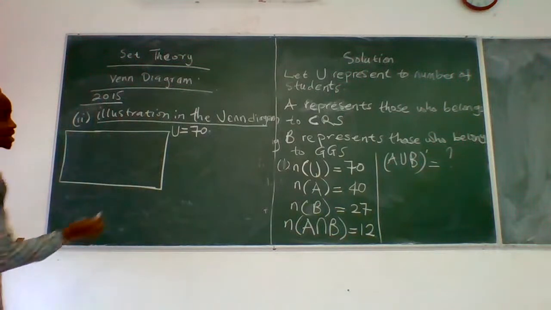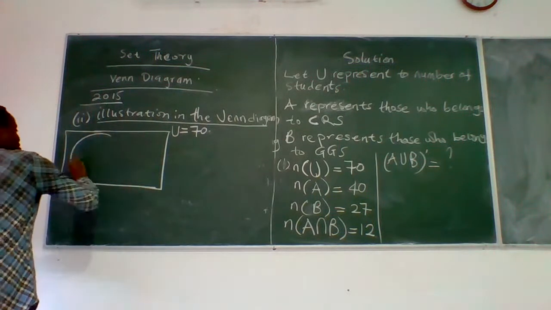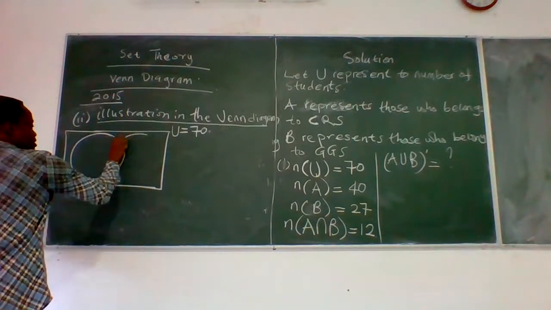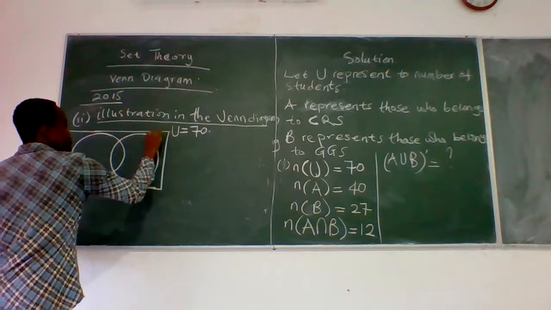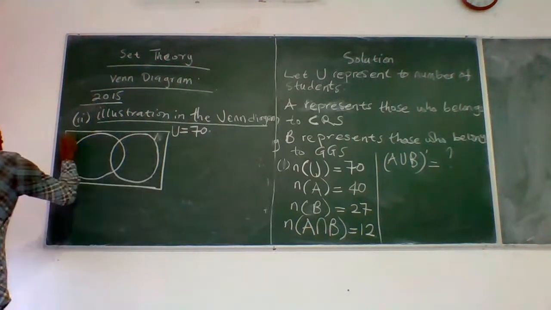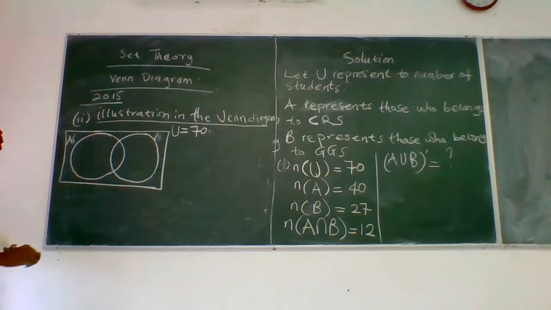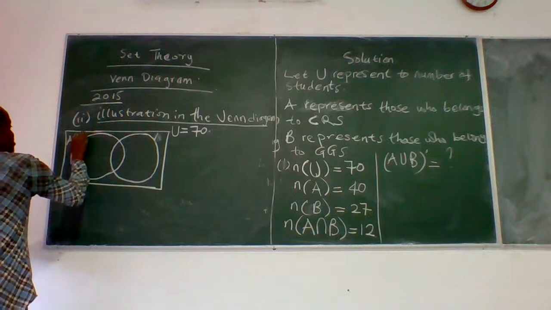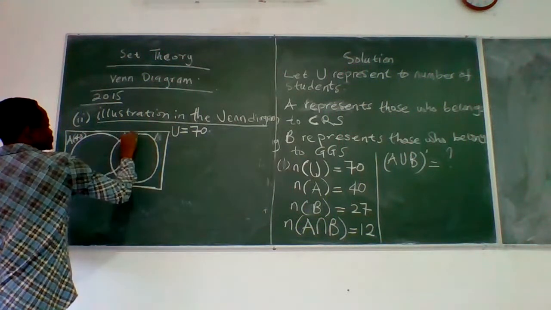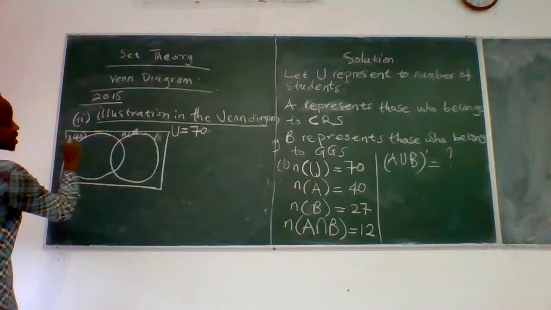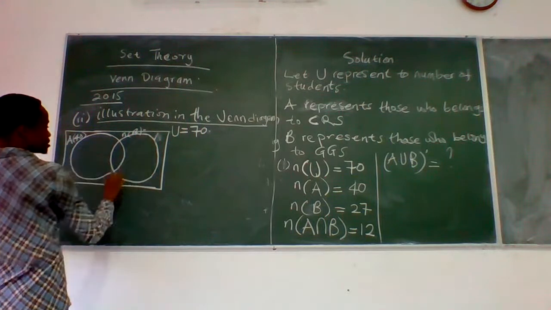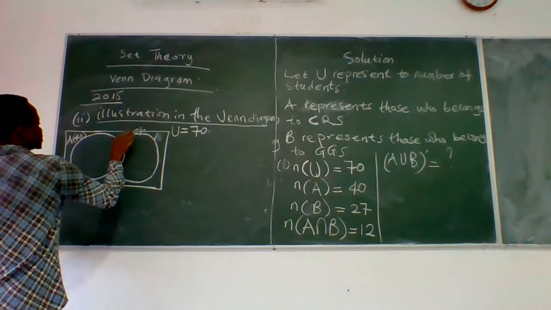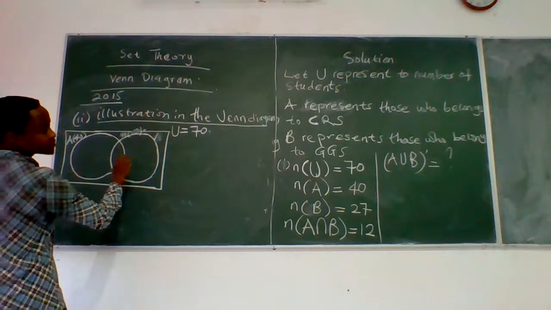Then we have the first set, A. Let's assume that these are A, and then this is B. The total number of students that belong to the first society is 40, and that of GGS is 27.